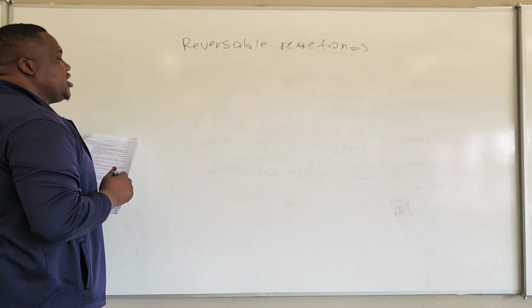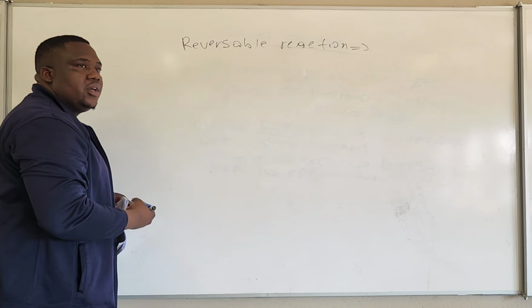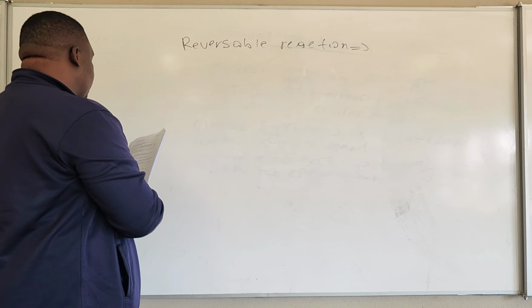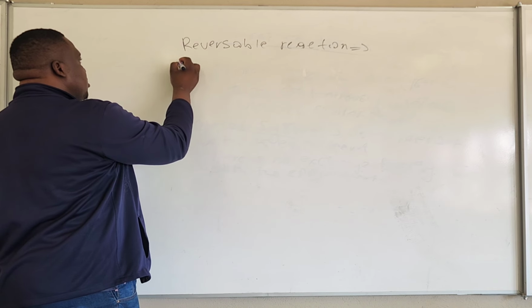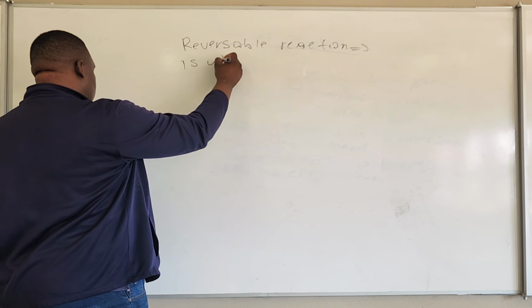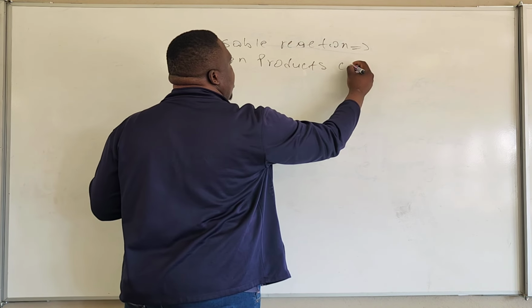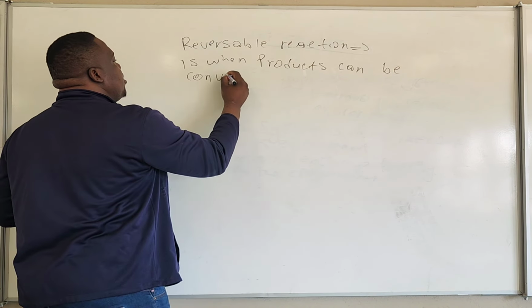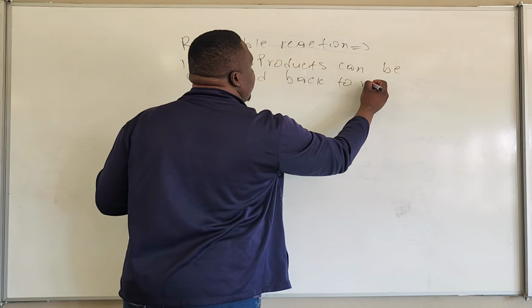A reversible reaction, and you need to know this definition because you are going to be asked in the exam. A reversible reaction is when products can be converted back to reactants.